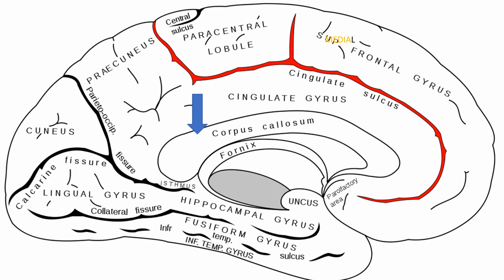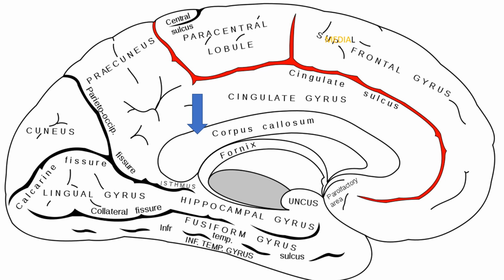The triangular area between the posterior part of the calcarine sulcus and the parieto-occipital sulcus is called the cuneus. The quadrangular area between the parieto-occipital sulcus and the paracentral lobule is termed the precuneus.